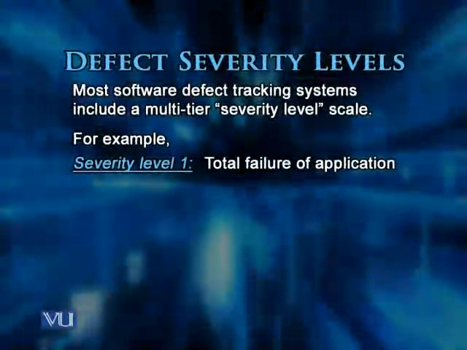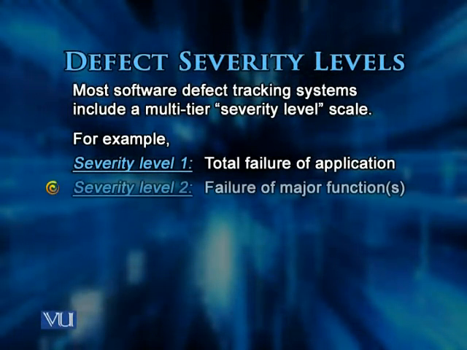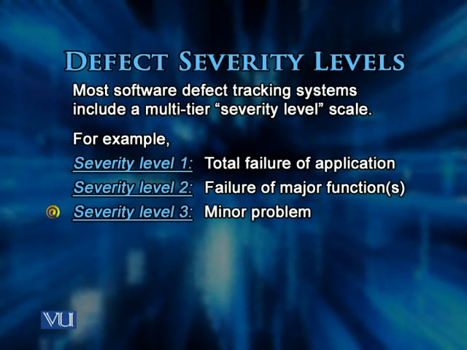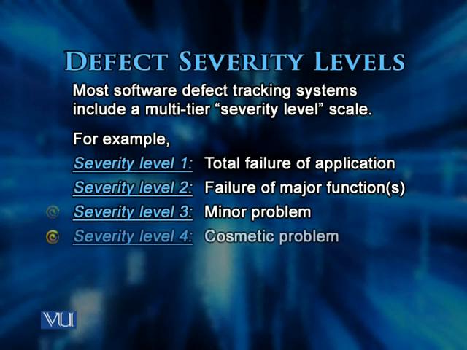So we can have 4 severity levels of defects. Severity level 1 are those defects which cause an application to fail totally. The second level, those defects would be marked as failure of major functions. Third severity level are minor problems, and fourth are cosmetic problems, problems which do not in any way hinder the functionality of the software application.